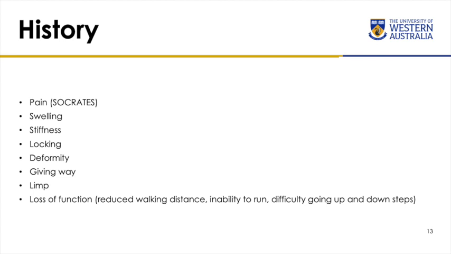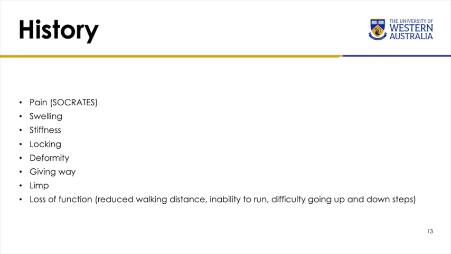The mechanism of injury is always important. If the patient can describe if it was a direct blow, to which side of the knee, which way the force went, the surgeon can have a better idea of the type of injury.